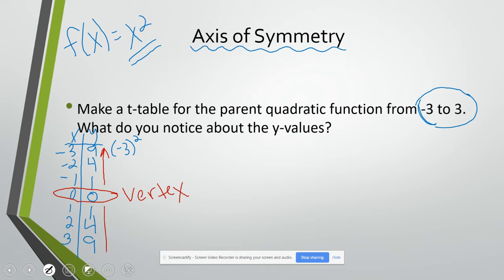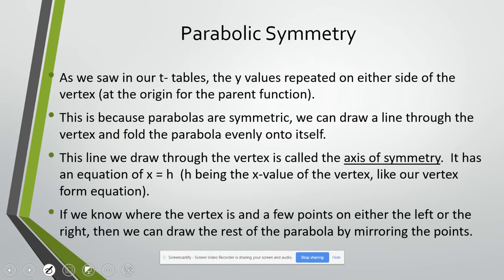Then if I look at the right side of my vertex, my y values are also 1, 4, and 9. So we're noticing that our y values repeat on both sides of 0, 0. And the reason for this is our axis of symmetry.